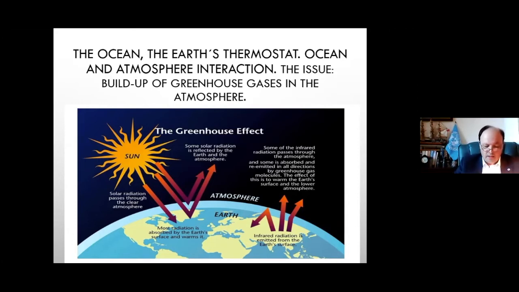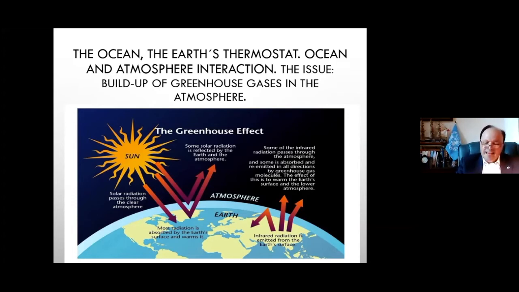In that layer: carbon dioxide, water vapor, even methane, ozone, oxygen molecules, and some sulfur that comes from the volcanoes. Now, without the natural greenhouse effect, Earth would probably be a frozen planet. So we need those basic conditions to allow the biosphere to flourish.